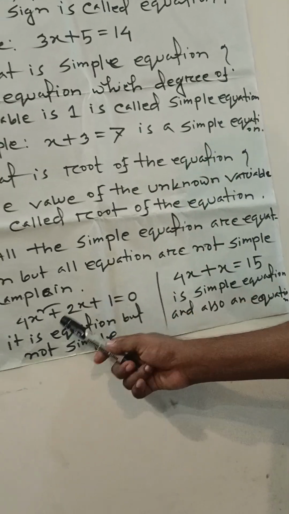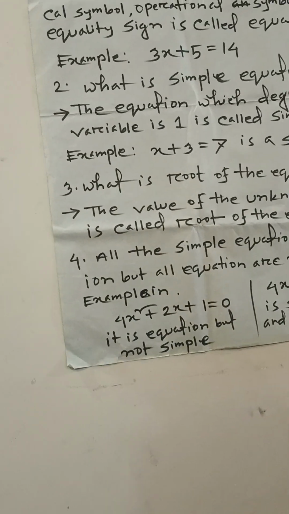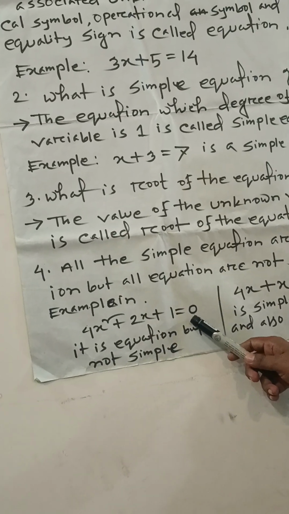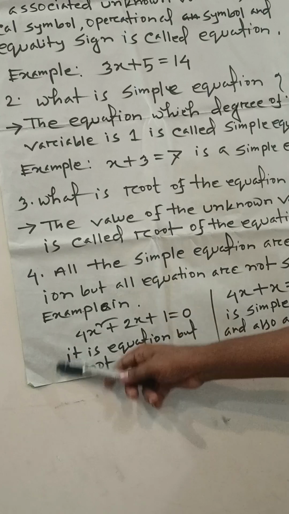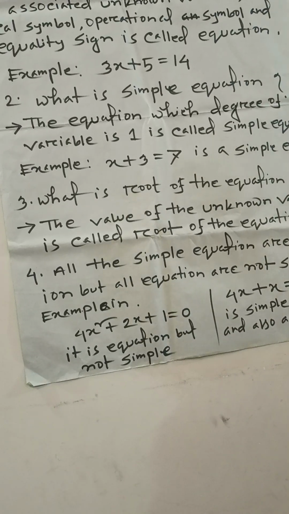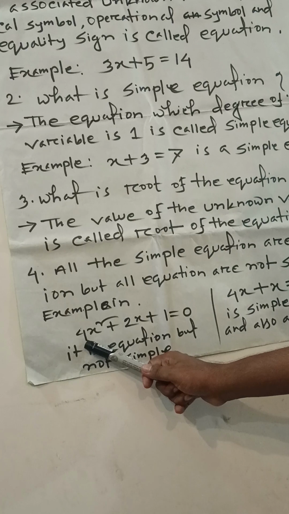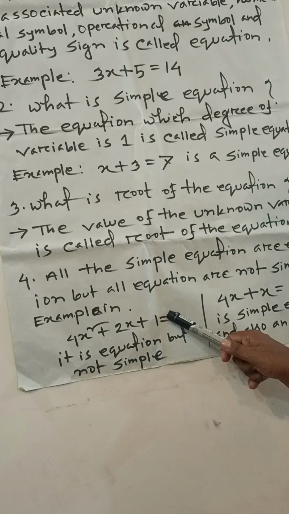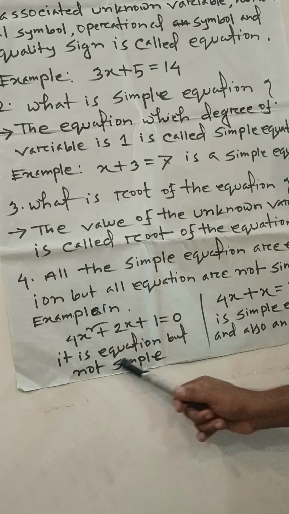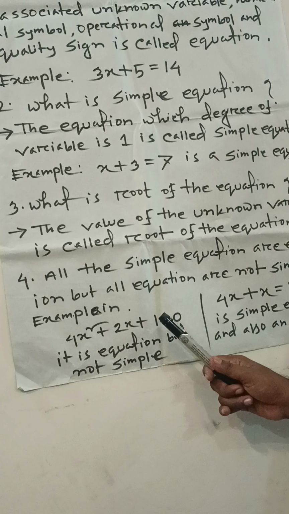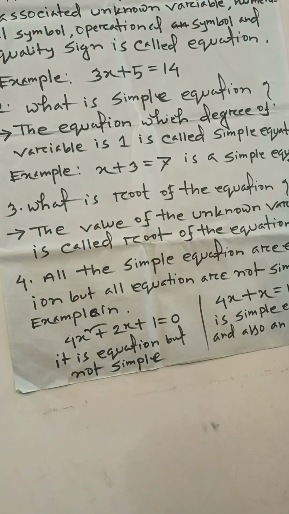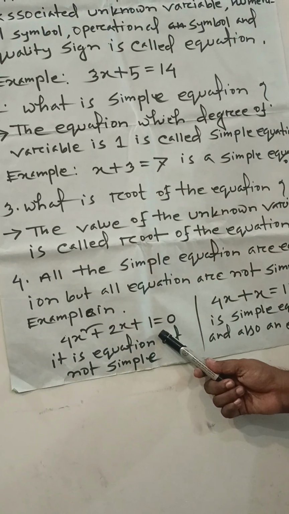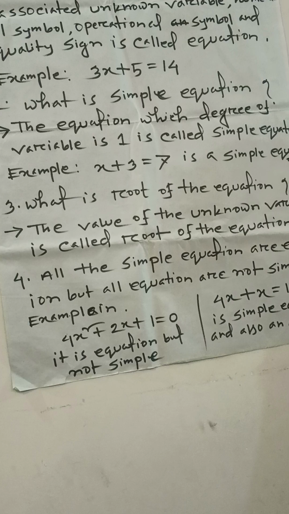But there is another example, 4x square plus twice x plus 1 equal to 0. This is another kind of equation. This is an equation because it has numerical symbol, unknown variable, operational symbol, and equality sign. But can we call 4x square plus twice x plus 1 equal to 0 a simple equation?